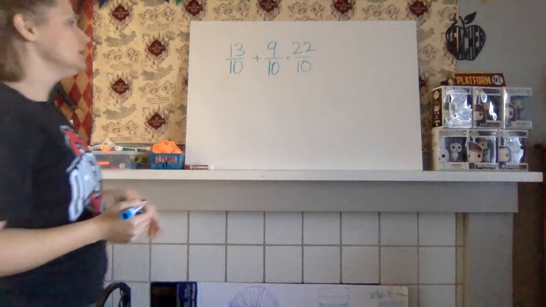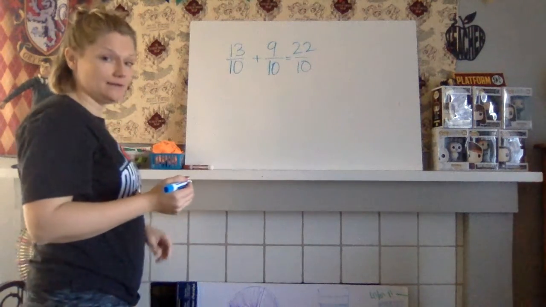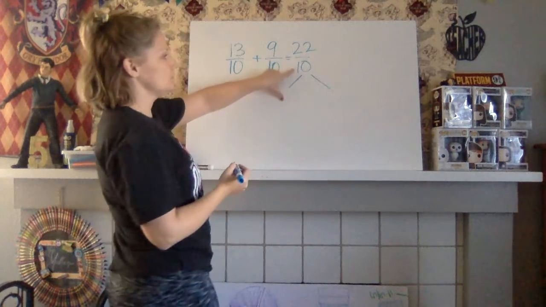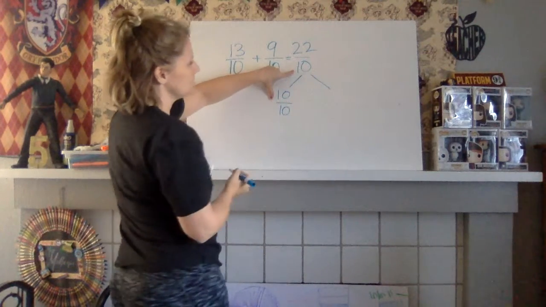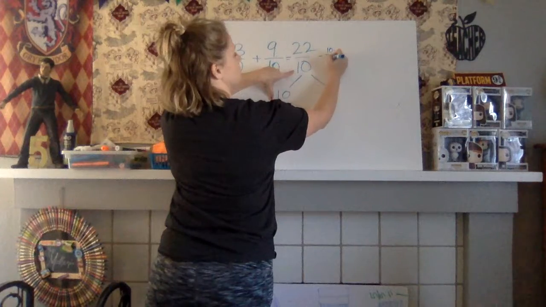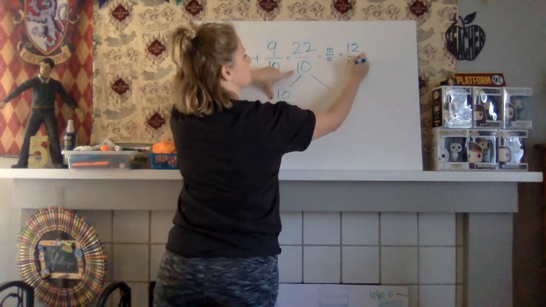We're going to decompose 22 tenths by bringing out the wholes. 10 tenths is equal to 1 whole. If we're thinking about it like this, what we're doing up here is subtracting 10 tenths. So we have 12 tenths left over.